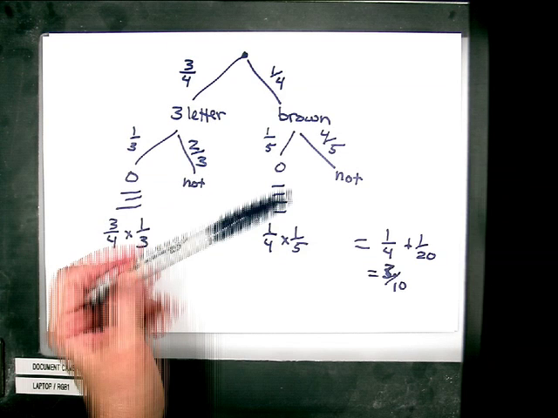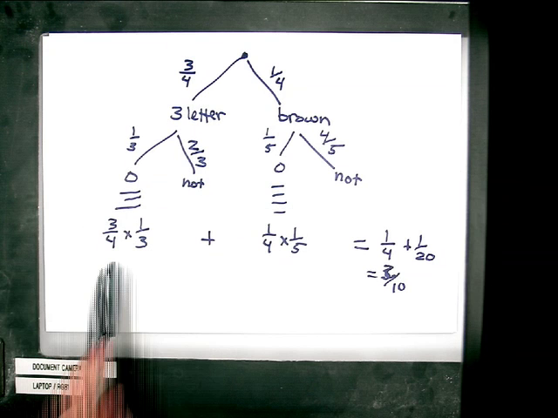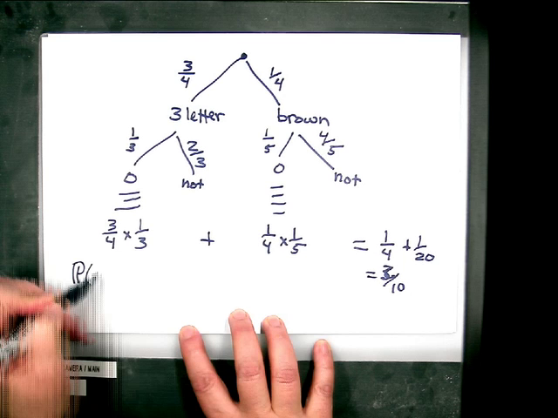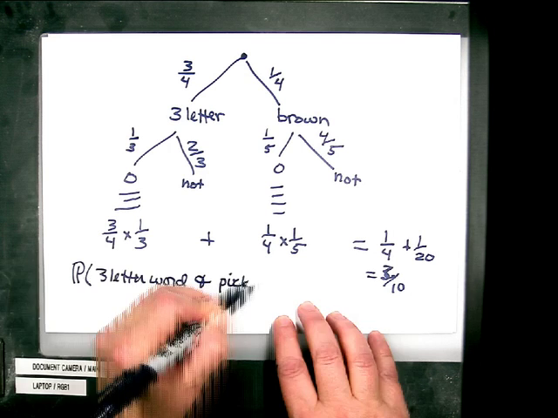1/5. And then together, this multiplies to say, okay, what's the chance I pick a 3-letter word and I pick the O. So I could say, what's the chance that I have a 3-letter word and you pick the vowel?